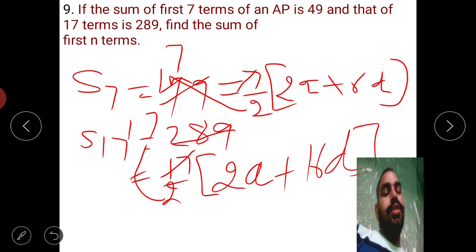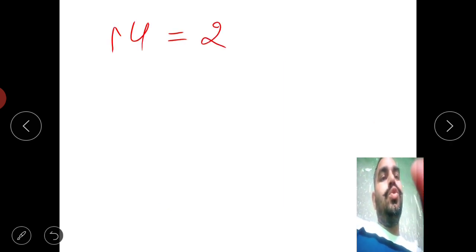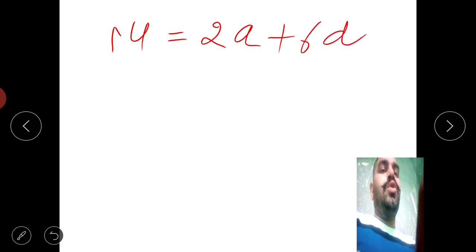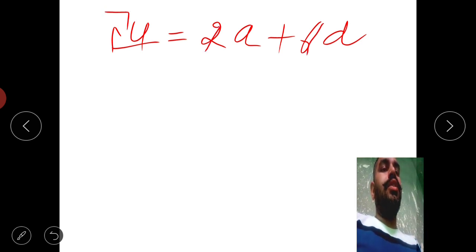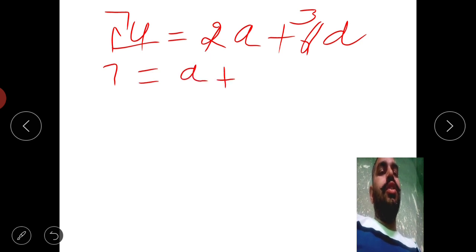So what you got is 14 is equal to 2a plus 6d. You can take 2 as common, so 7 is equal to a plus 3d. This is equation number 1.